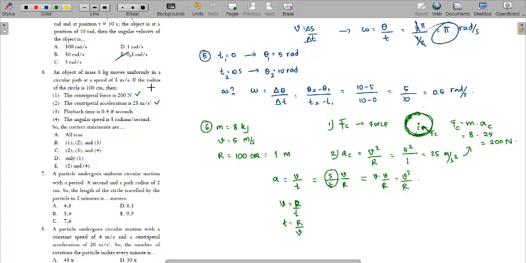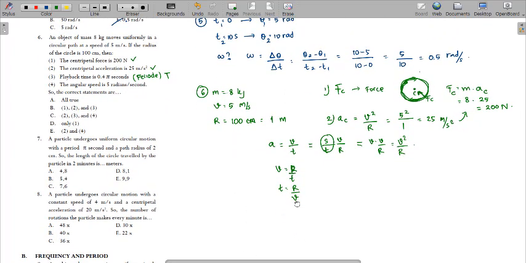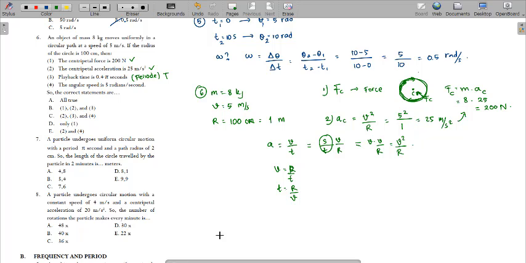And for the time, the period means the time for one rotation, and the symbol is T. Okay, how about T, for the time or the period?